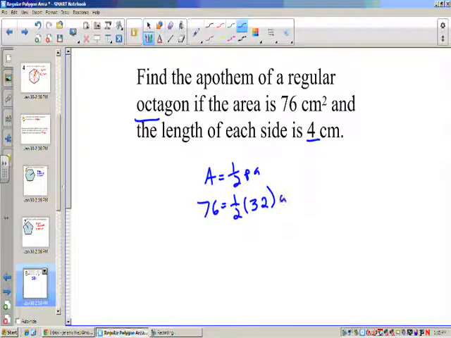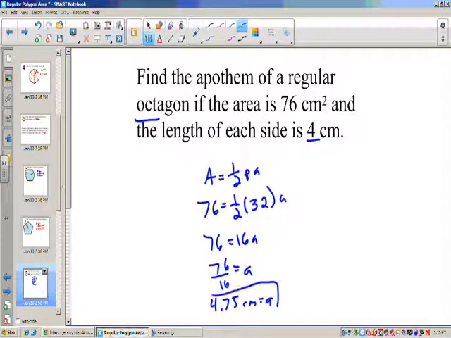And now we just have to multiply that by the apothem. Well, half of 32 is 16, so I just have to divide 76 by 16 and I'll have that apothem. So 76 divided by 16 gives us 4.75. So in this situation, our apothem is 4.75 centimeters.